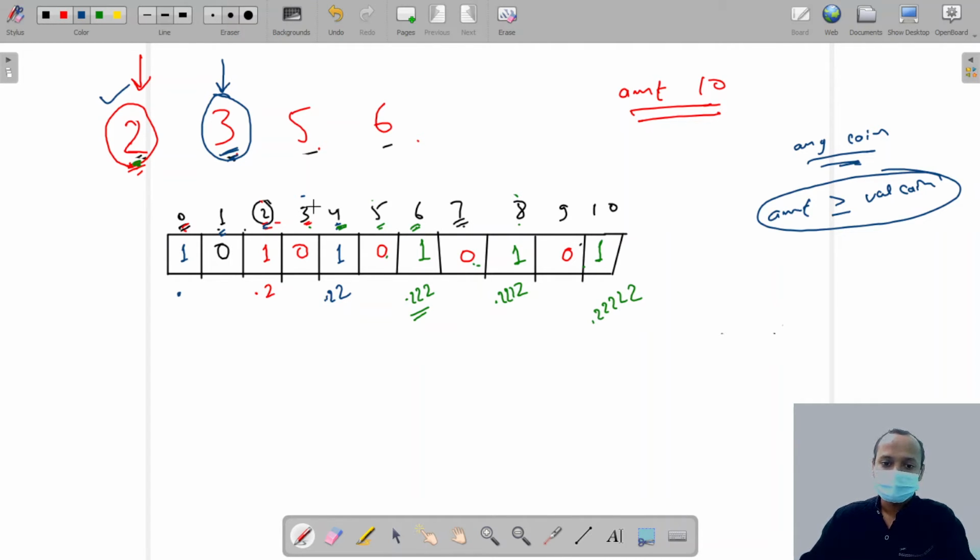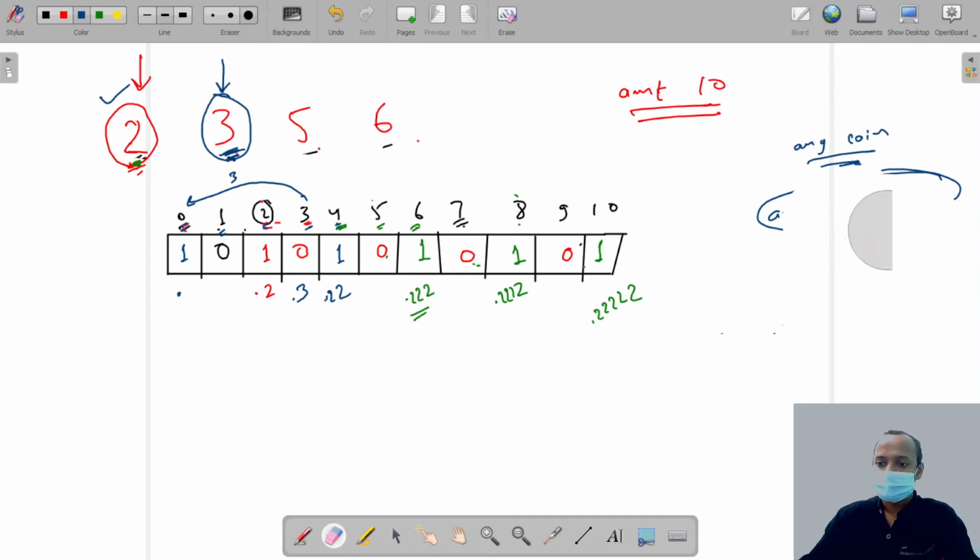Okay, because the amount should be greater or equal to the value of the coin. So now I'm at 3. Okay, so we have to pay 3 rupees. We are using 3 rupee coin. Now amount left is 0, and we see there is one way to pay 0, that is dot, and we are adding 3, right?